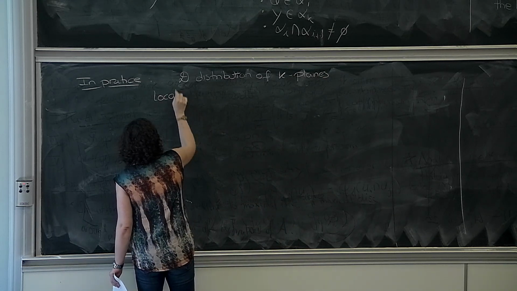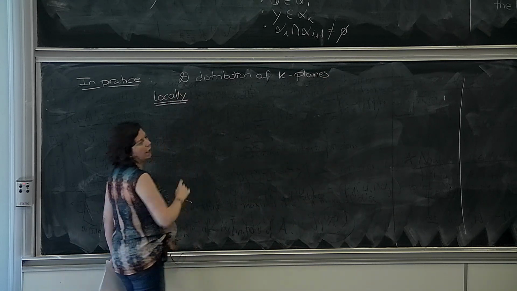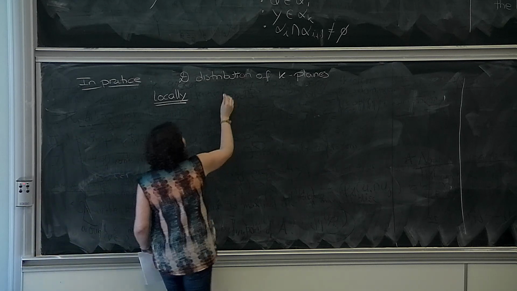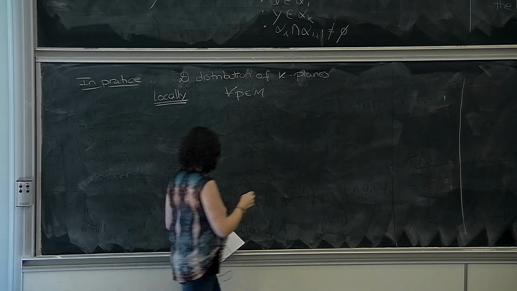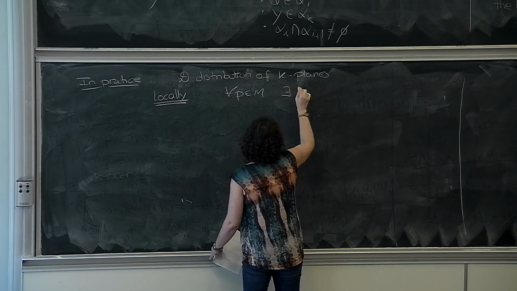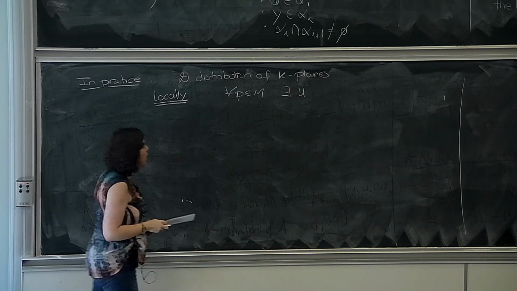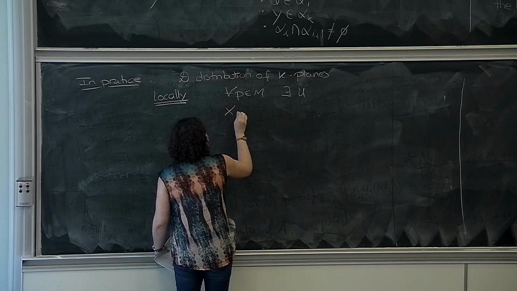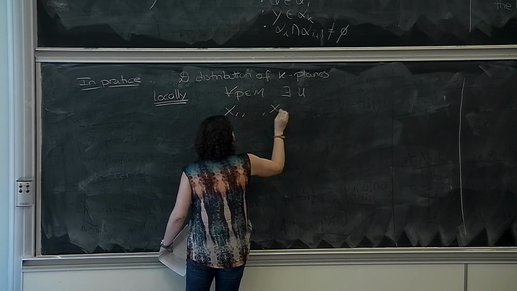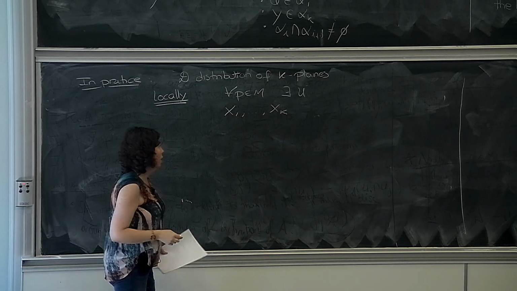Locally, and this is important, for every point P that we fix on M, there exists an open set or an open neighborhood U of P, and there exist vector fields X1, ..., Xk on U.